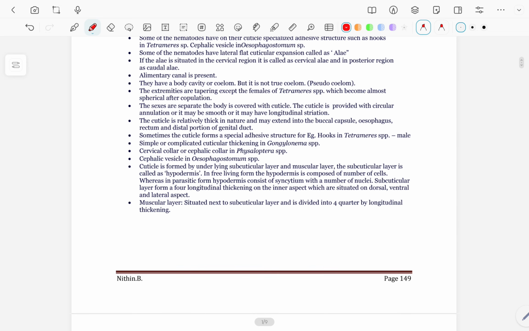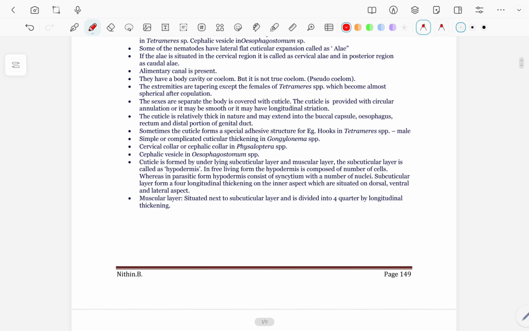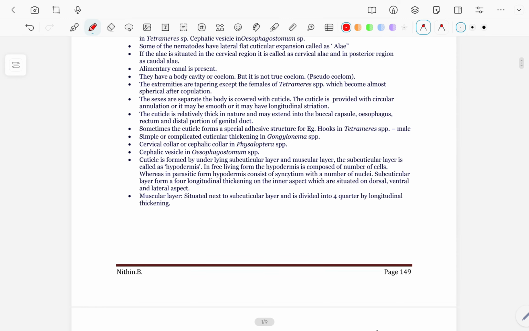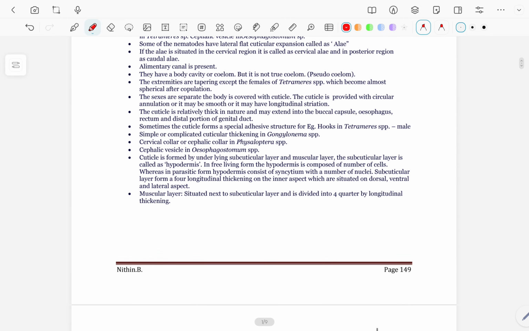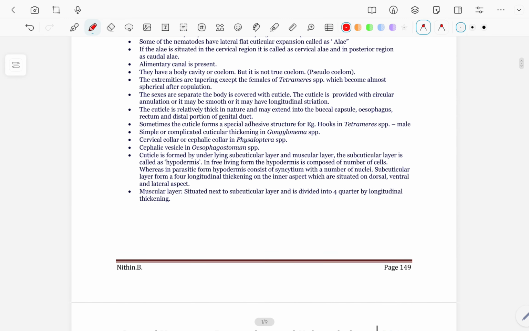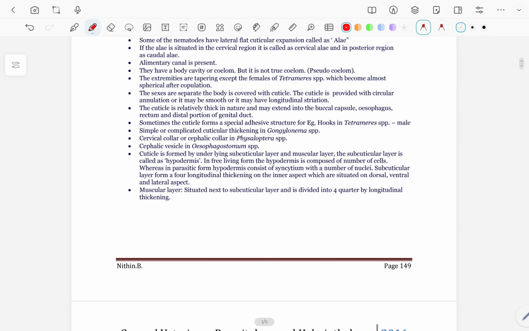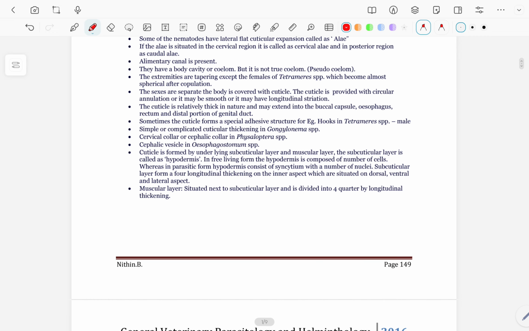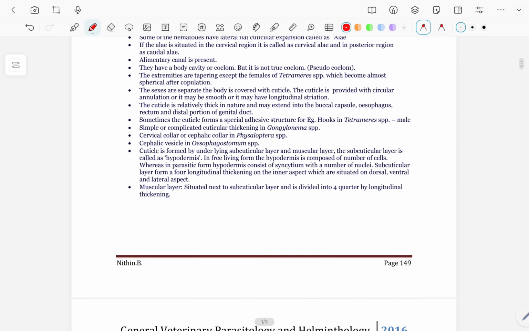The extremities are tapering, except the female of Tetrameres species, which becomes almost spherical after maturation. The sexes are separate. The body is covered with cuticle.